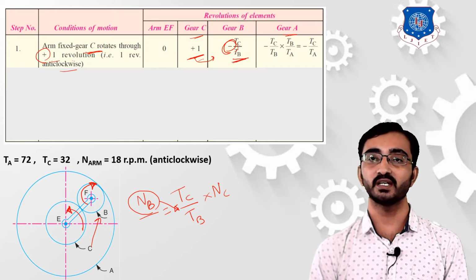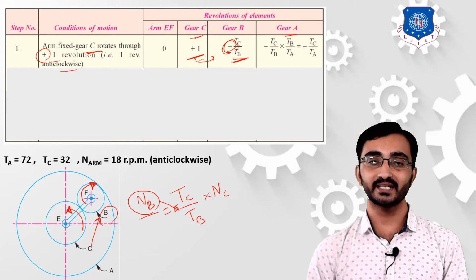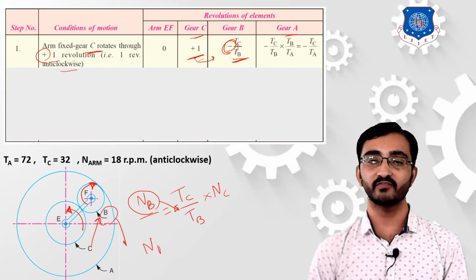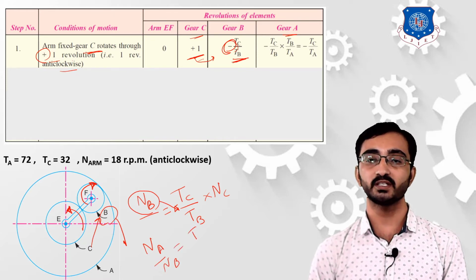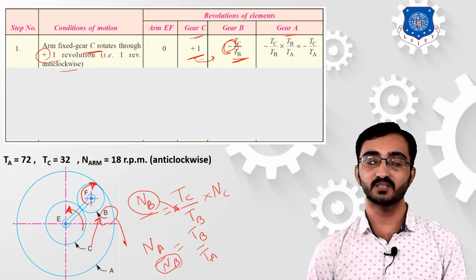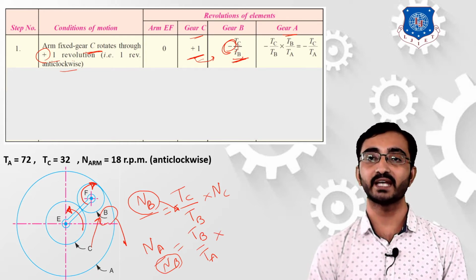Now the equation for gear A. Gear A is connected with gear B. So in that case we can use the relation that speed of gear A upon speed of gear B is equal to teeth of gear B upon teeth of gear A. Okay, now over here we have to consider the speed of gear B. The equation for speed of gear B that we have derived is minus TC by TB.